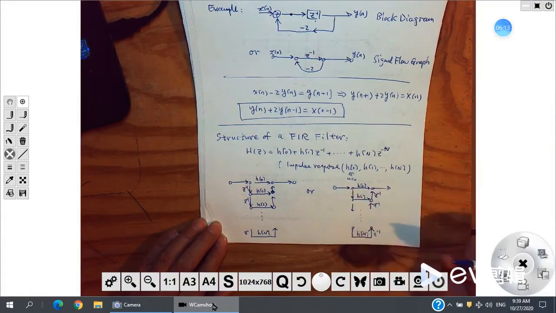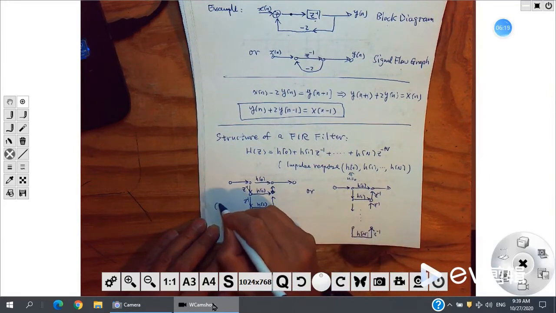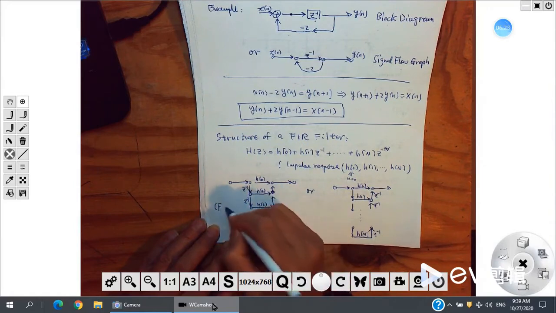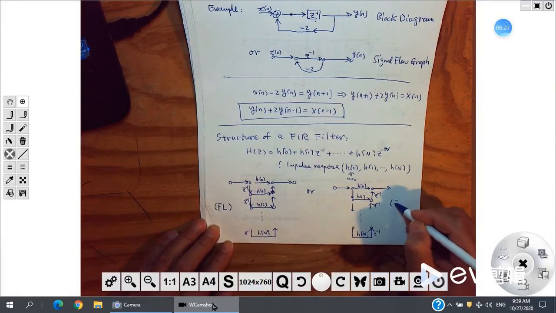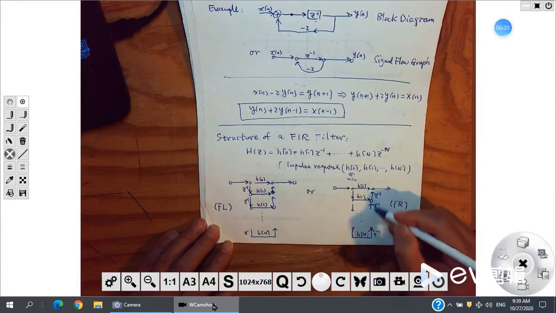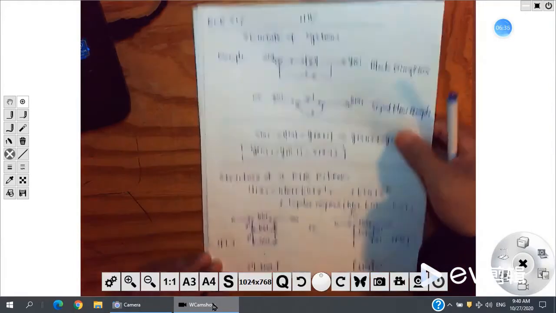Okay, so both work, and I can have a name for each. This one is for FIR with the delays on the left side. This one is also for FIR, but with the delay on the right side. Okay, this is the FIR filter.